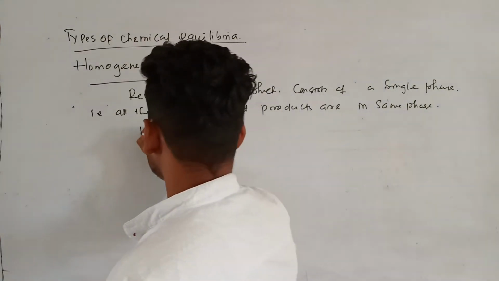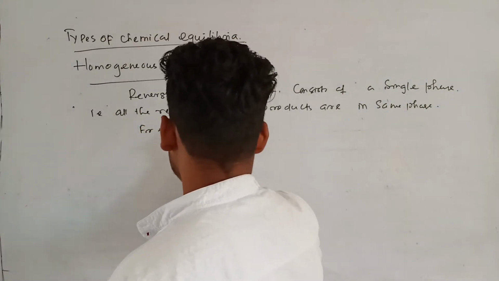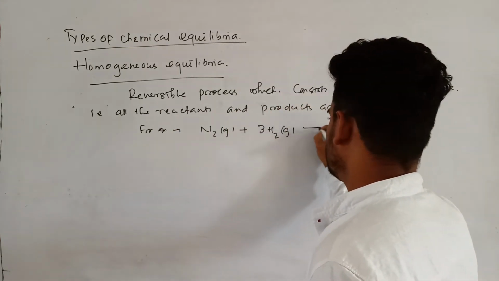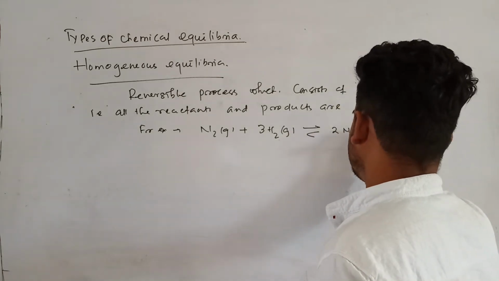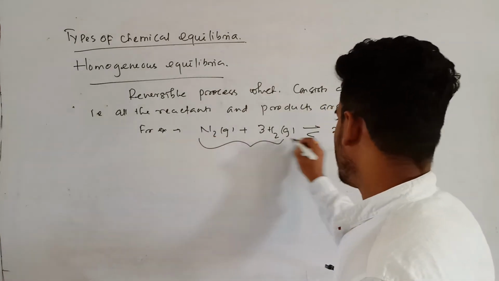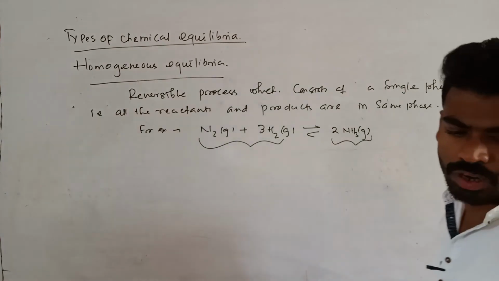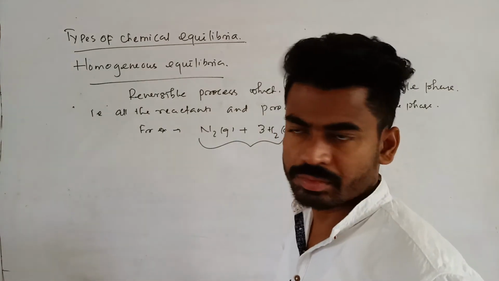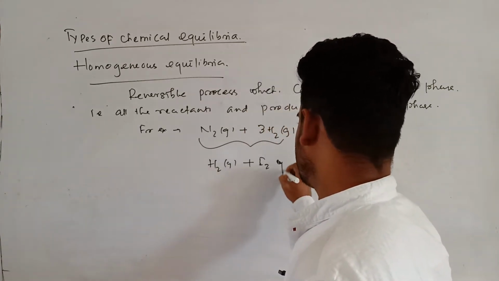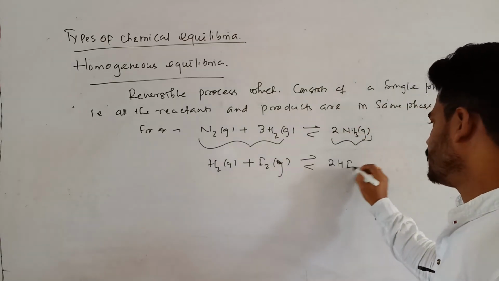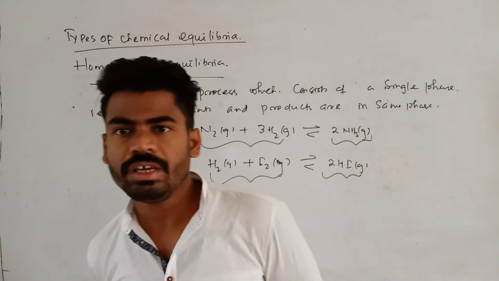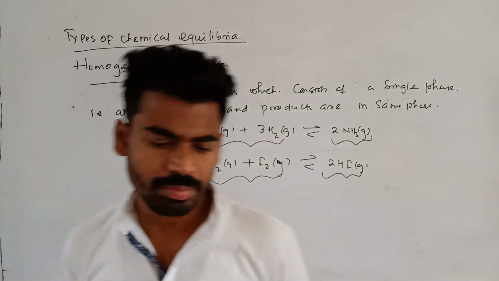For example, formation of ammonia, N2 plus 3H2 giving rise to 2NH3 gas. So look at this reaction. All the components are gases. So this one is one of your homogeneous equilibria. H2 plus I2 giving rise to 2HI, also a gaseous mixture. So you know a mixture of gases is always homogeneous. So this is homogeneous equilibrium.